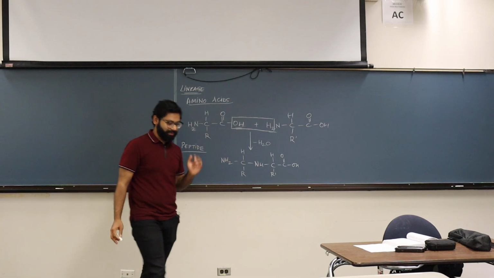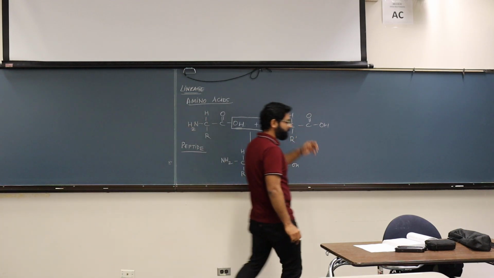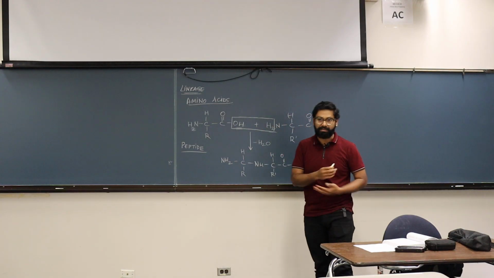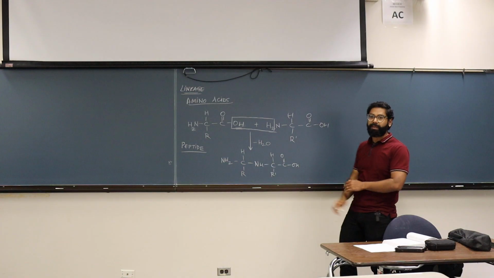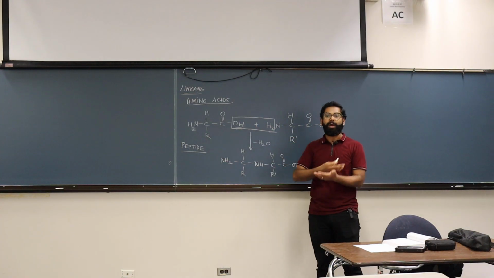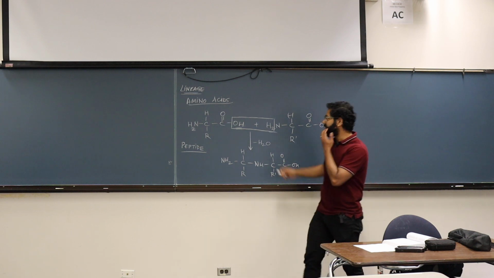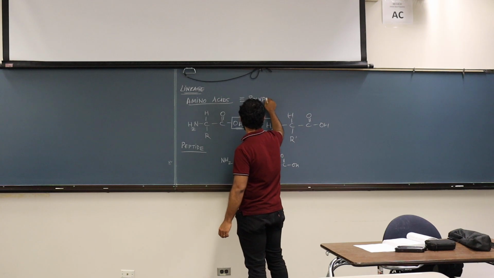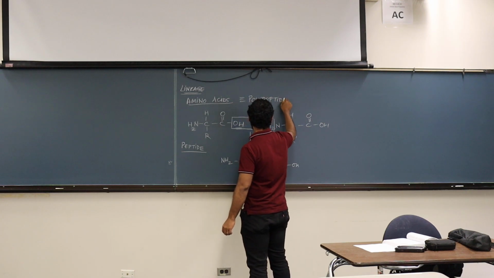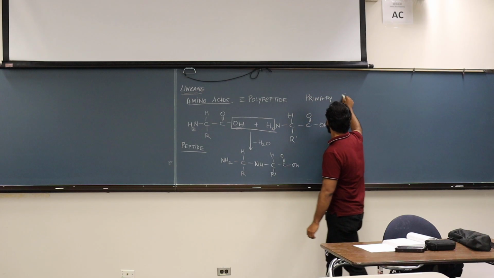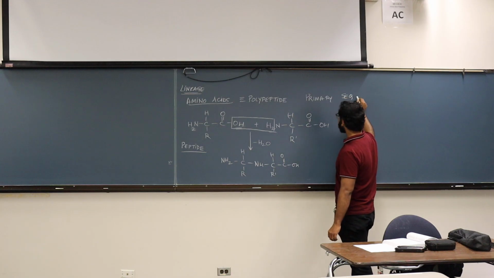You can have multiple of these peptide linkages, and you can form a sequence of peptide linkages, and that sequence is called a polypeptide. So it's a polymer of the peptide linkages. The primary sequence is called the primary sequence.